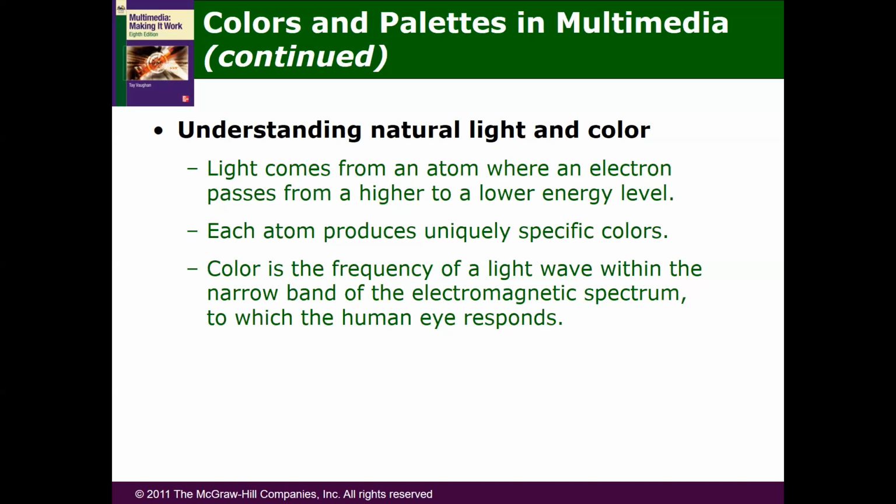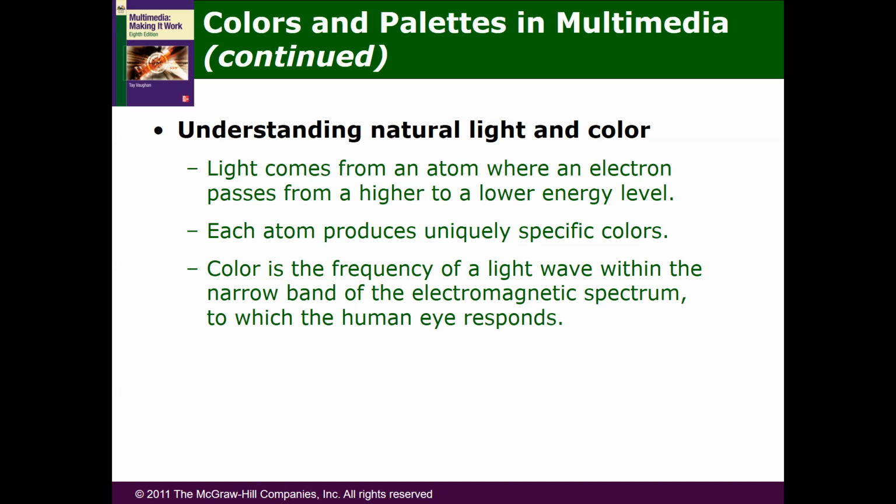Each atom produces uniquely specific colors. Color is the frequency of a light wave within the narrow band of the electromagnetic spectrum to which the human eye responds. Now, overall, like I mentioned, whatever we have talked about, those three points, that is the quantum theory, how light actually functions.